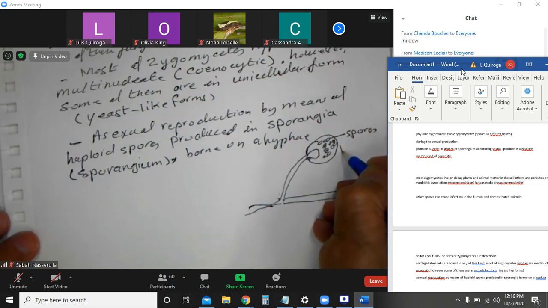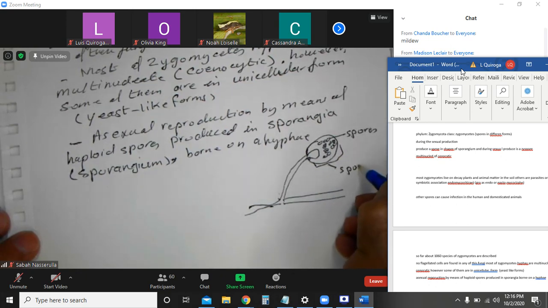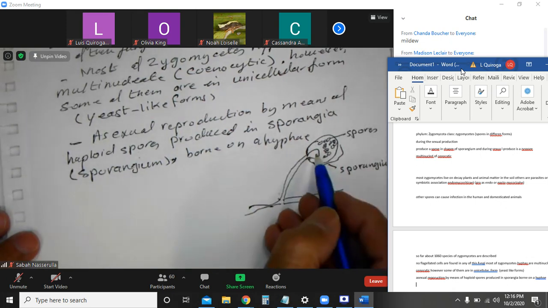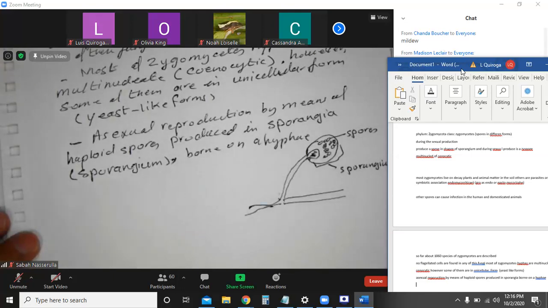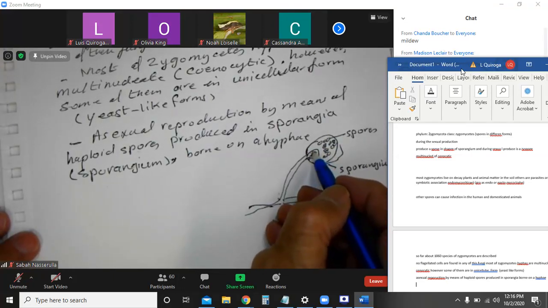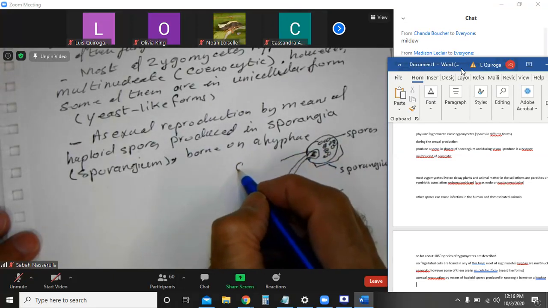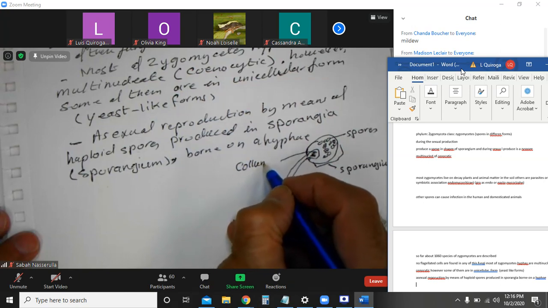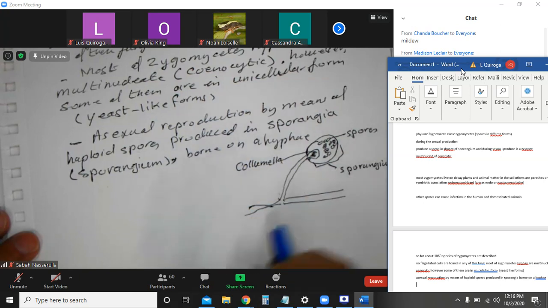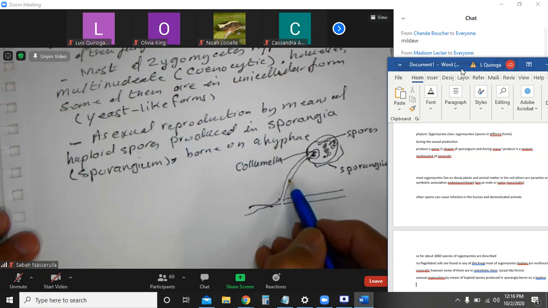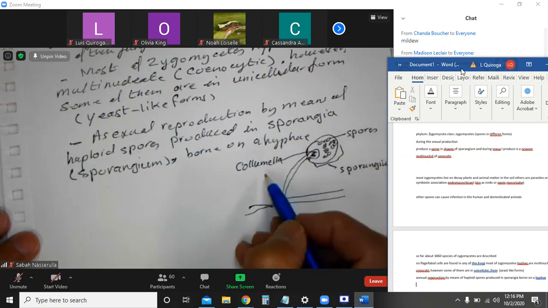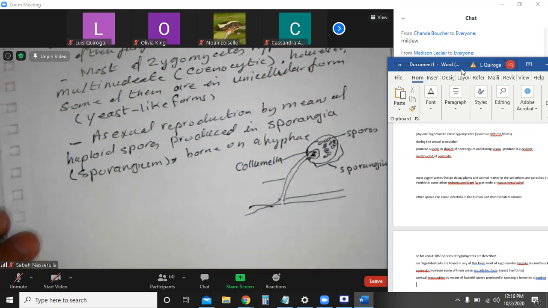This part here is known as the sterile part of the sporangium, the columella. And the hyphae which carries the sporangium is known as the sporangiophore.